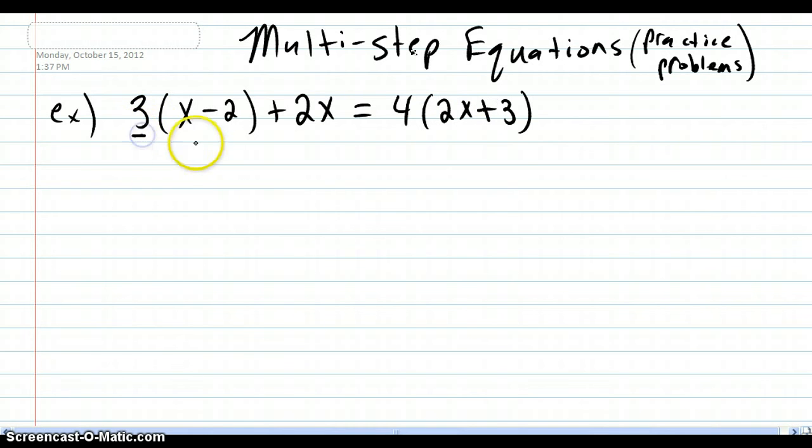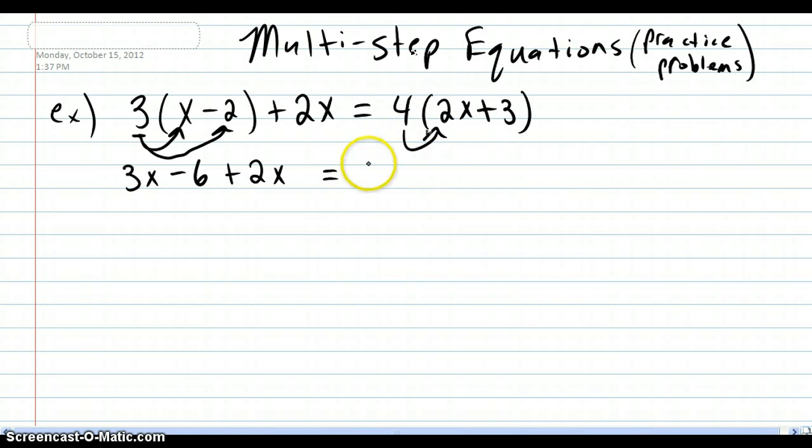We have a 3 and parentheses, so we need to distribute. 3 times x is 3x. 3 times a negative 2 is a negative 6. Now, this positive 2x is all by itself, so bring it down. So plus 2x, bring down the equal sign, and then over here, we have the 4 outside the parentheses, so we distribute. 4 times 2x is 8x. 4 times a positive 3 is a positive 12.